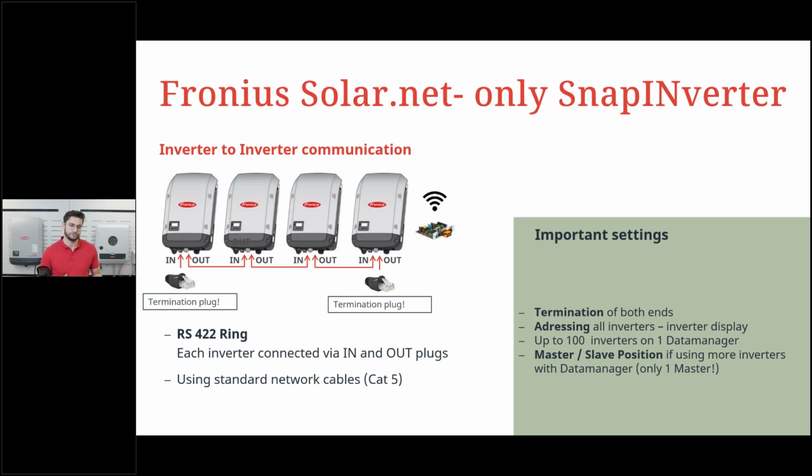And if you have multiple Snap inverters with inbuilt data managers that you want to interconnect, this is also possible, but please make sure that all are set to a slave position but one. Only one master is allowed in a system. It's a small switch on the data manager, and please set all of them to slave but one.